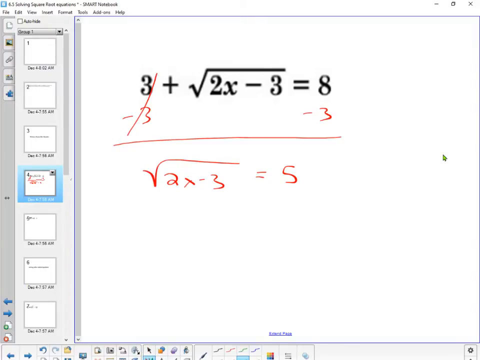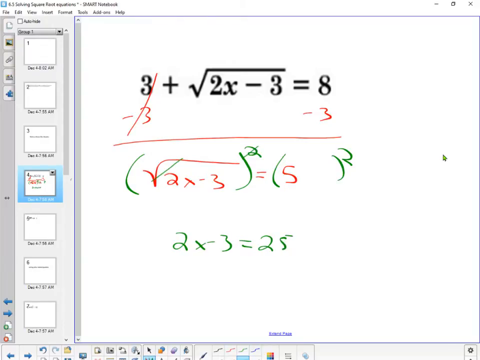Simple enough? Cool. Now, this is a very simple question. What is the opposite of taking the square root of something? Squaring it, right? So what I'm going to do at this point is I'm going to square both sides. On the left side, yeah, this does undo itself. So now I have 2x minus 3, and what does that equal? 25.